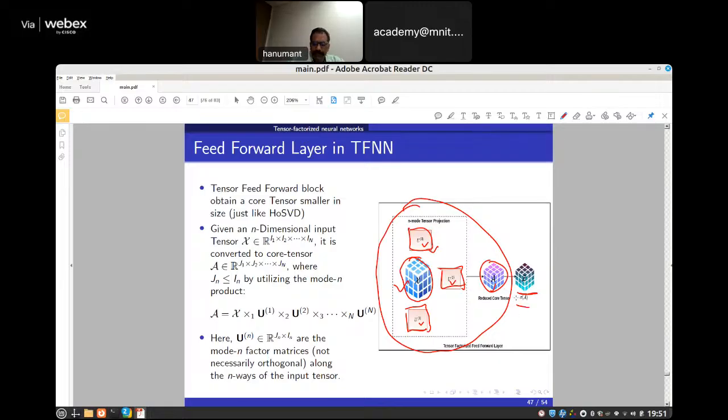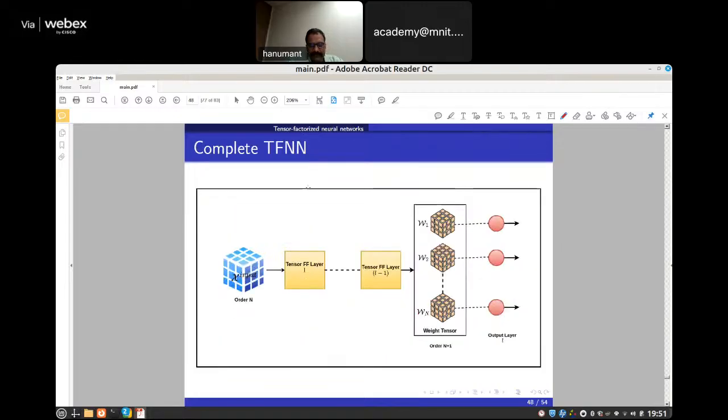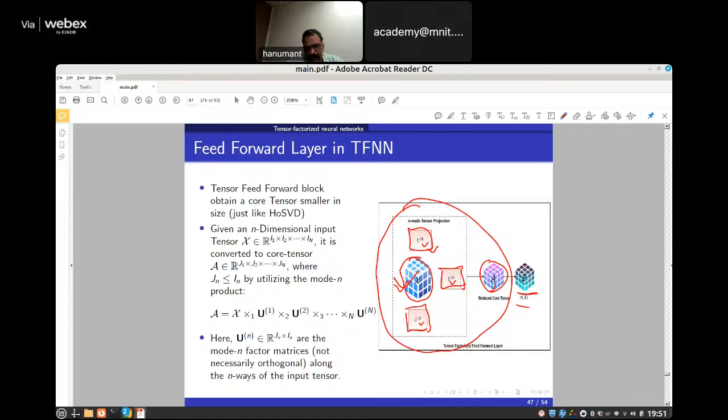Now this is my first data matrix. I pass it through, and these layers are designed in such a way that they can take this input. Please remember, this is the input.